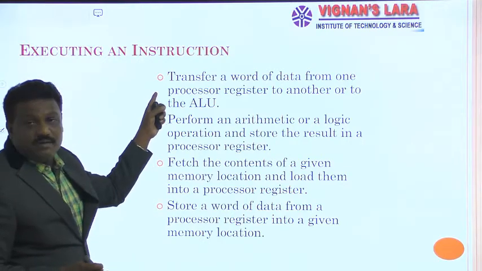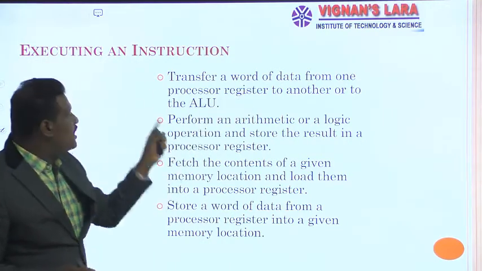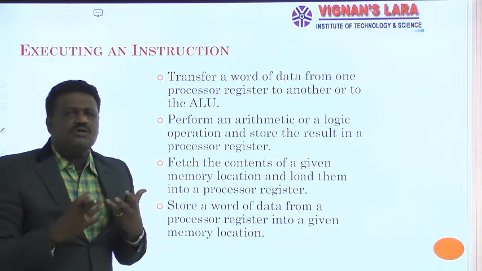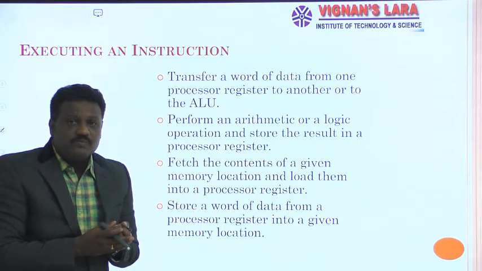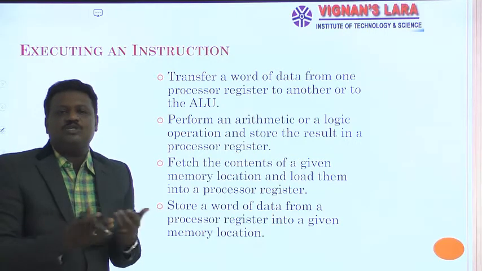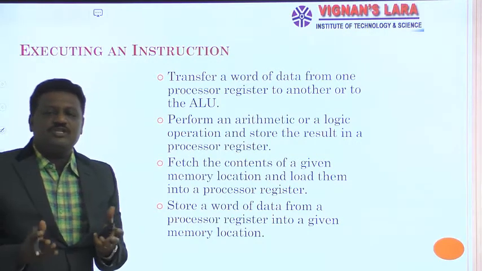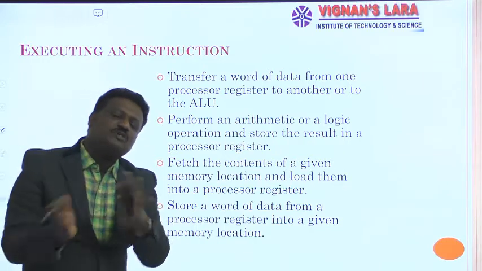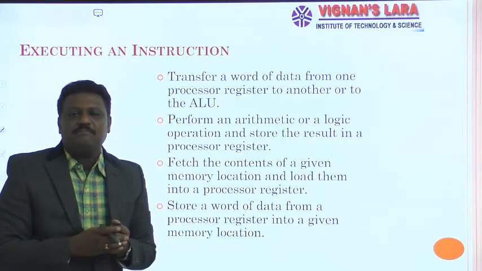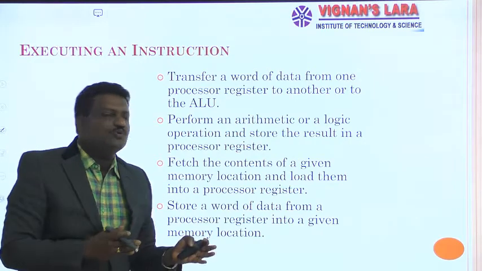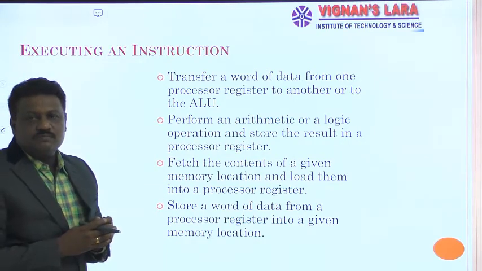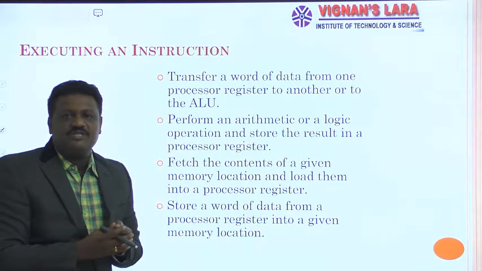What is the first one? Transfer a word of data from one processor register to another processor register or to the ALU. So in execution of an instruction, my operation is transferring data from one CPU register to another CPU register, or I may transfer the content of a register to the ALU to do some arithmetic and logical operation.